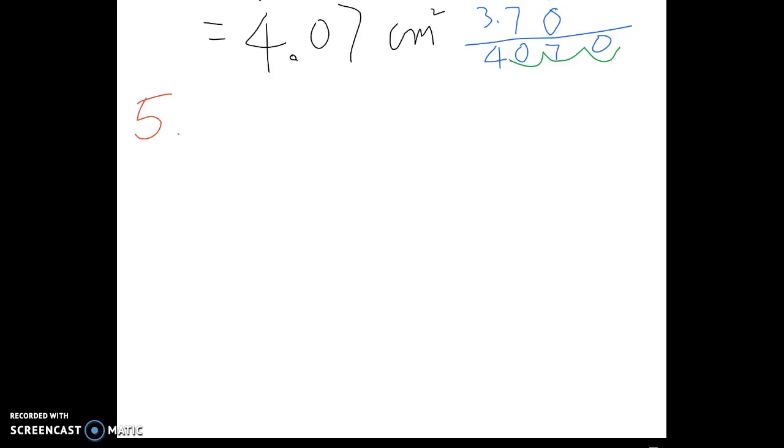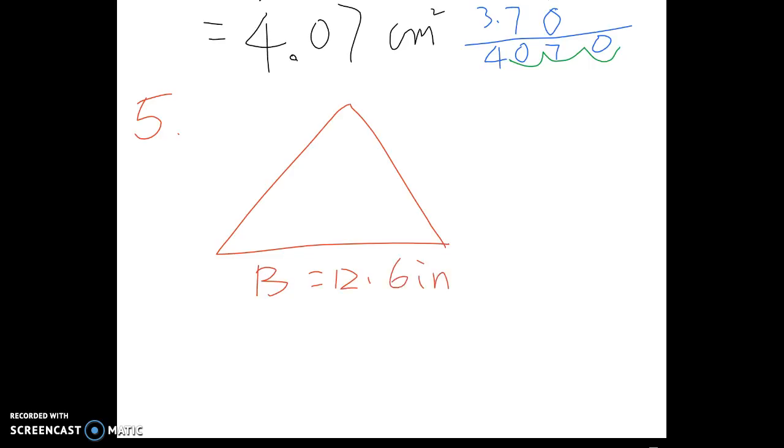So if we have a triangle, we can draw a triangle, and the base must be 12 6/10 inches. And then the height is perpendicular to the base is 5 inches.